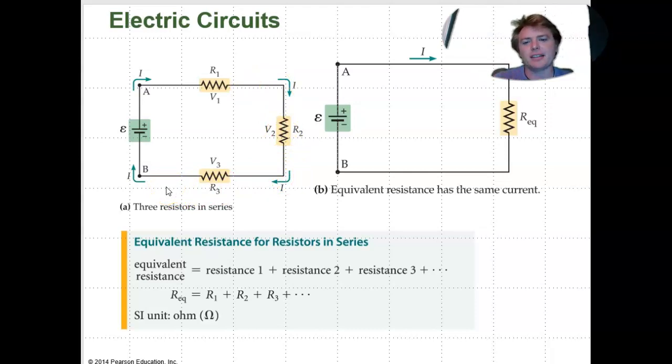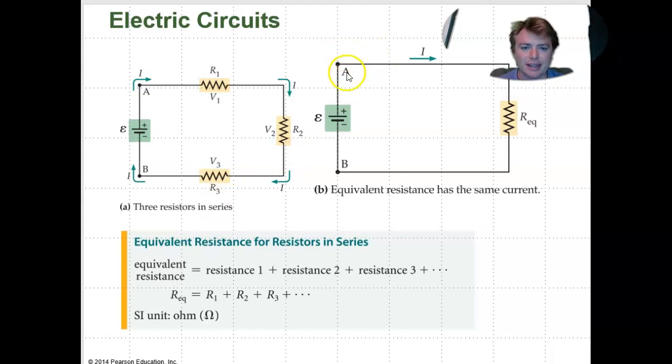This goes back to that water analogy: if I've got one long pipe and maybe I have different resistances, different things blocking it up, the fact is that it's one path, and through one path, the current is going to be the same. So for resistors in series, I know that the current in 1, the current in 2, and the current in 3 is all the same current in the entire thing, even if they have different resistances.